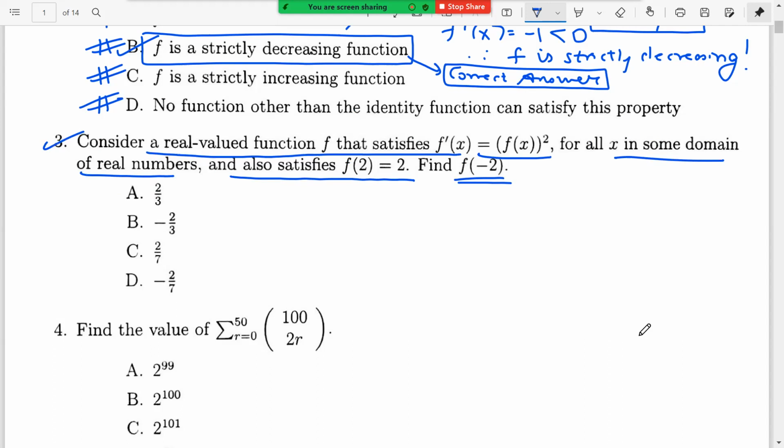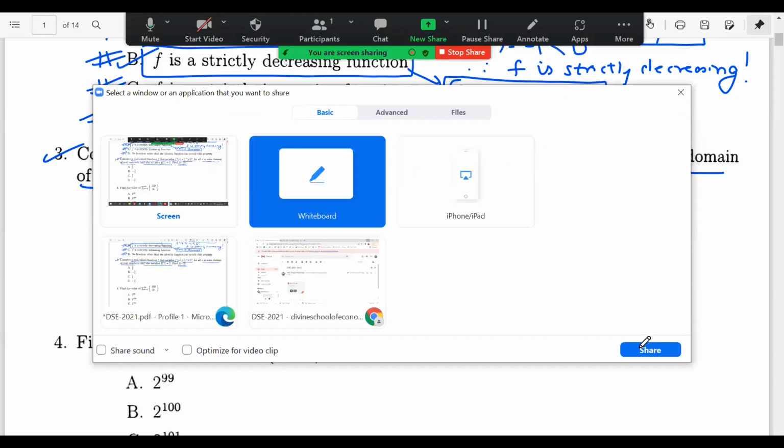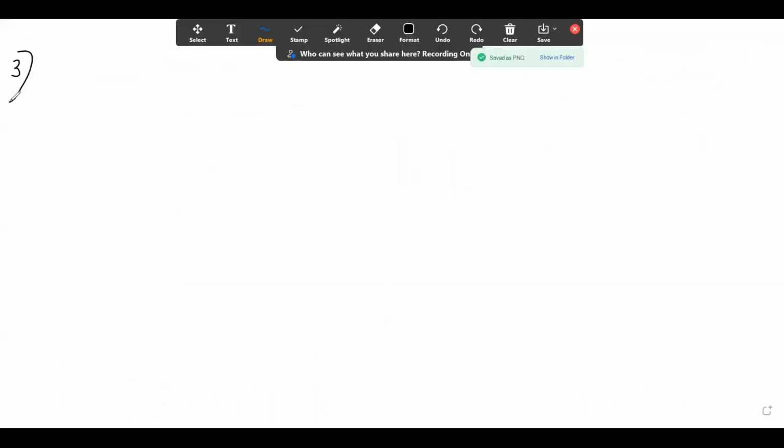Okay, so let me come to the whiteboard and let's solve for this particular question, erasing this part off. Quickly writing what is given to us.